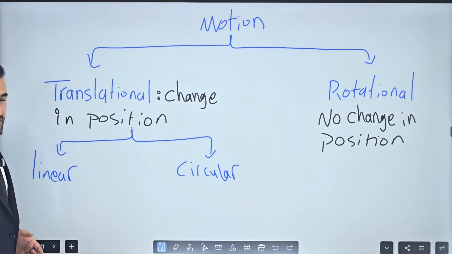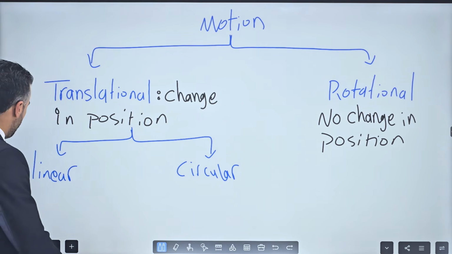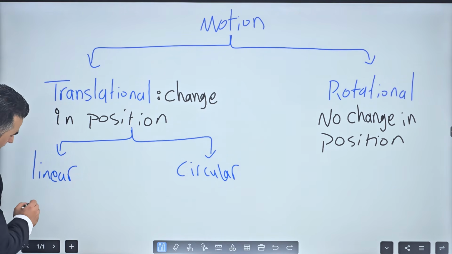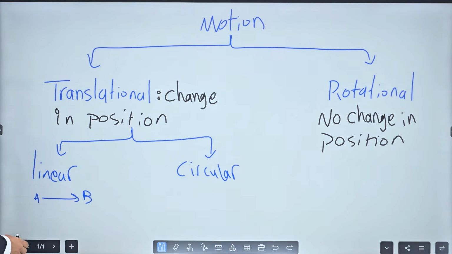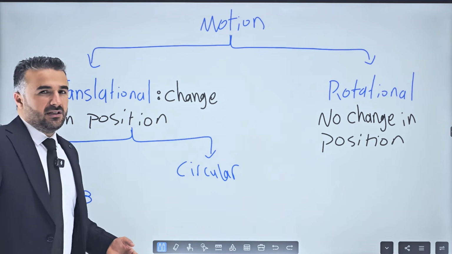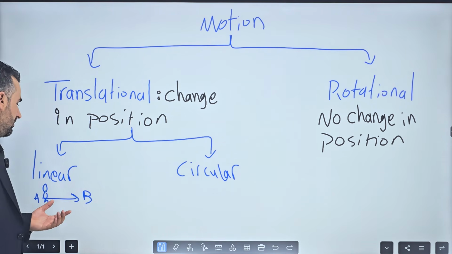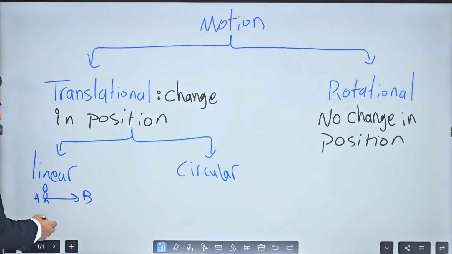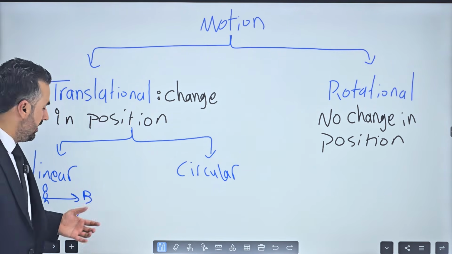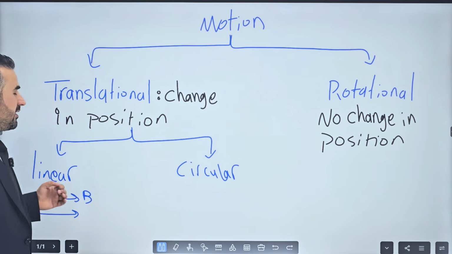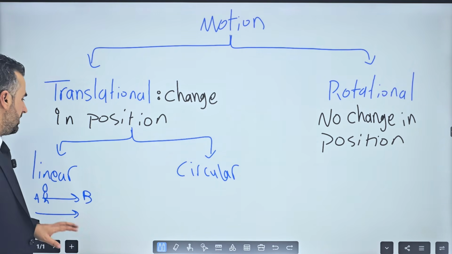That is pretty obvious. When objects move in a straight line, we call it linear motion. For example, an object goes from point A to point B in a straight line, like a person walking, a bicyclist riding a bicycle in a straight line, or a train moving in a straight line. The reason we call it linear is that the motion is in a straight line.